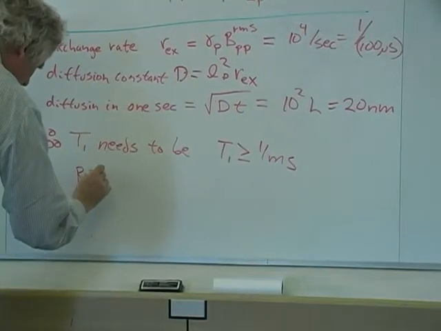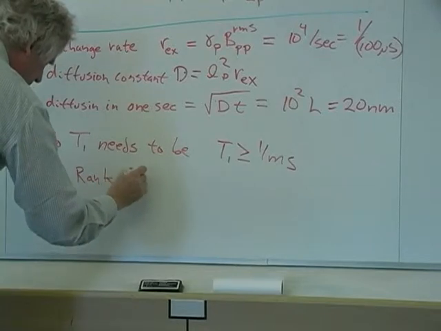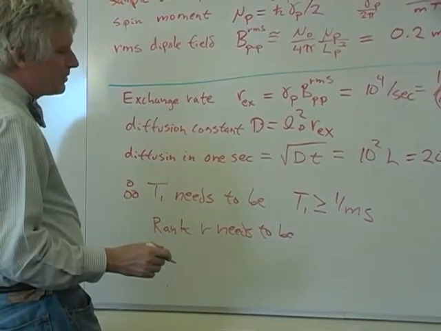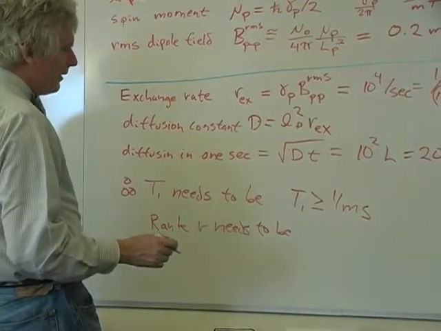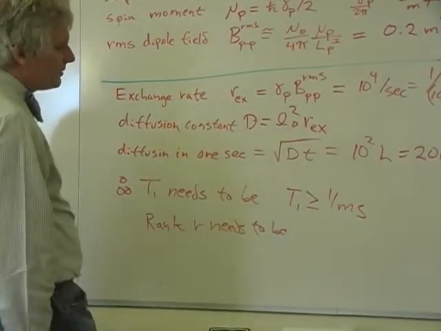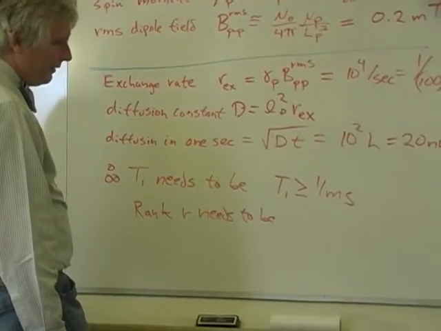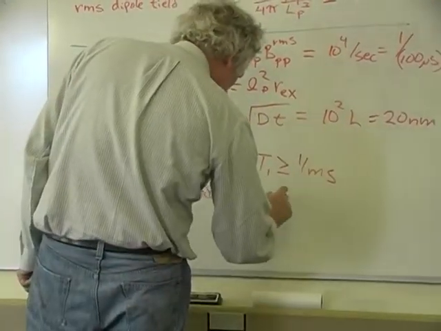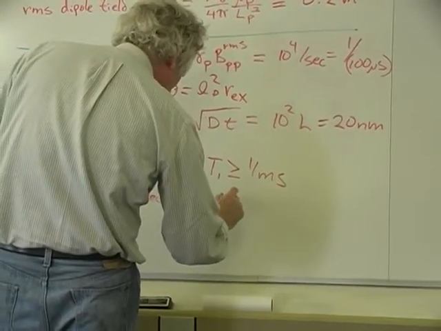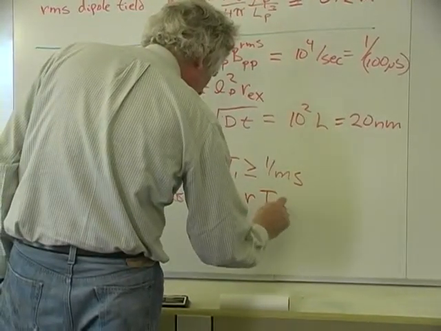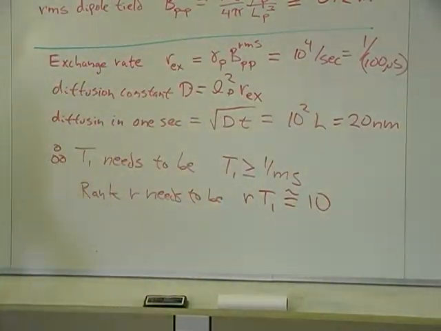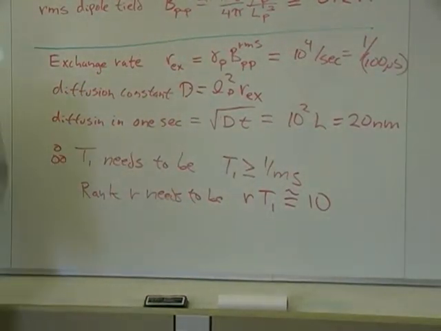The rank R needs to be, as T1 gets longer, I need more rank. As the rate gets faster, I need less rank, because it's all going to average to 0. So it's going to be RT1, which is about 10. So I don't think we need rank 100. I think rank 10 is going to do it.